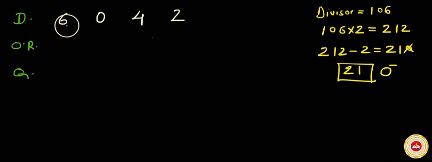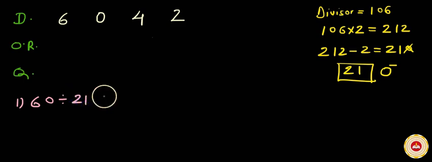Starting from left side, consider first digit which is 6. Step number 1. So 21 is greater than 6. So let us join the next digit which is 0. Now we have 60. So let us divide this 60 by negative osculator 21, which gives us quotient. 21 2s are 42, 21 3s are 63.